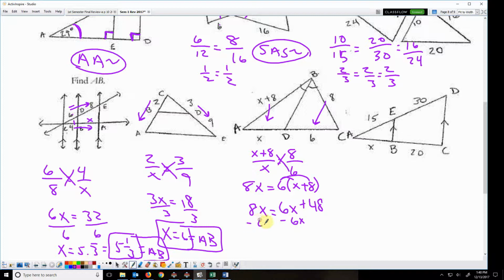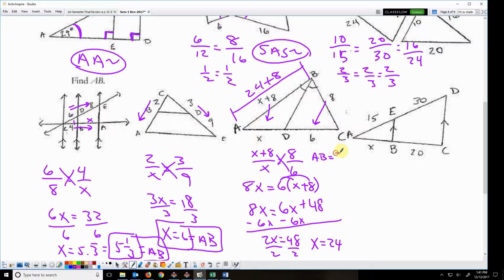Subtract 6x, and I get 2x equals 48. And divide by 2, so I get x equals 24. Okay, but that does not match the length of AB. AB is this right here, x plus 8, so that's 24 plus 8. So the length of AB is 32.